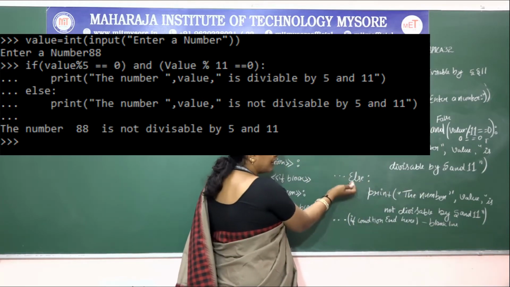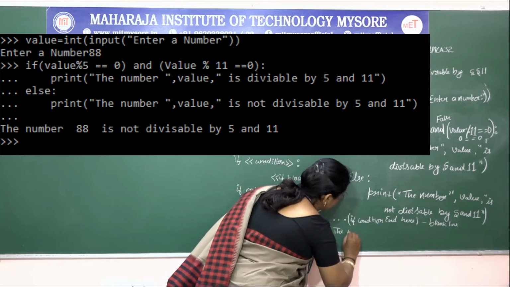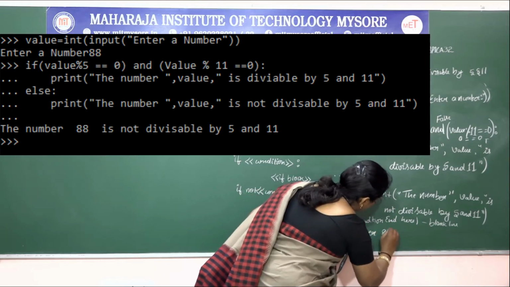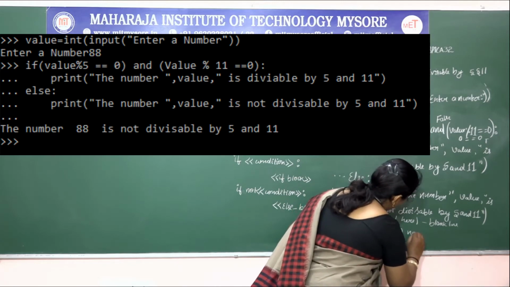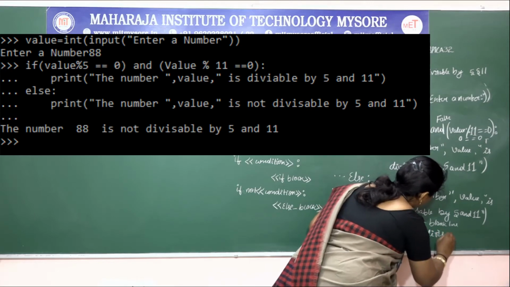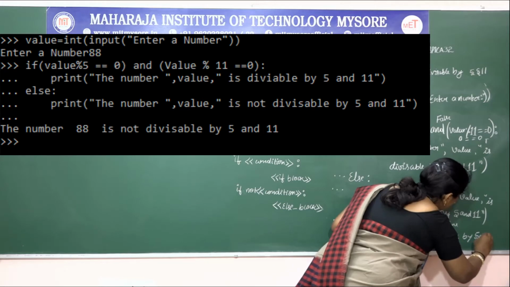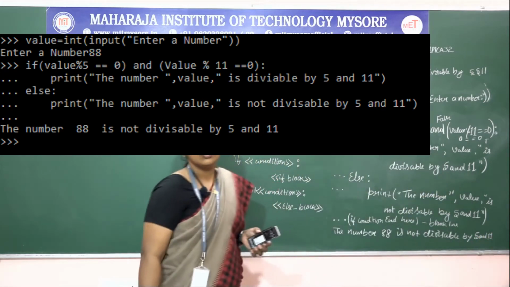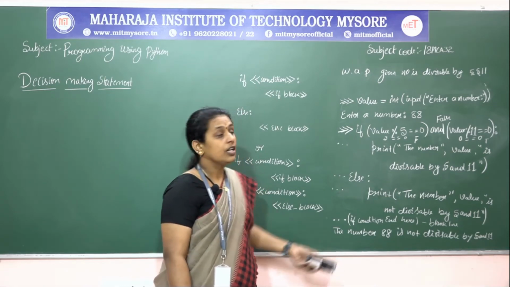The condition is false, so the false part will print: the number 88 is not divisible by 5 and 11. Okay, so this is how it is going to evaluate.